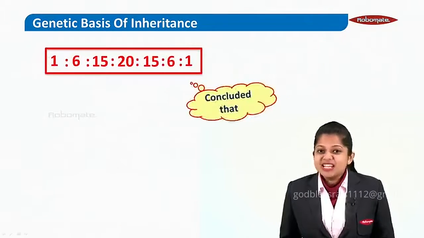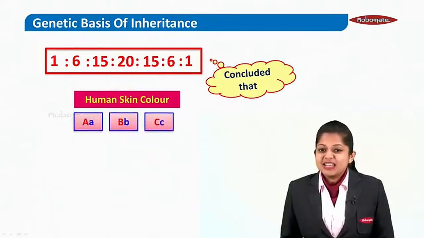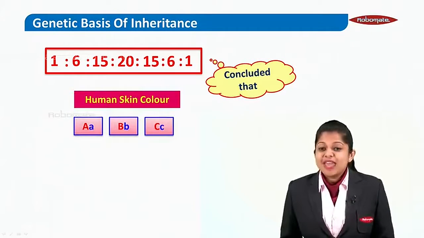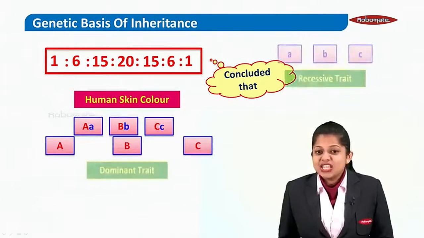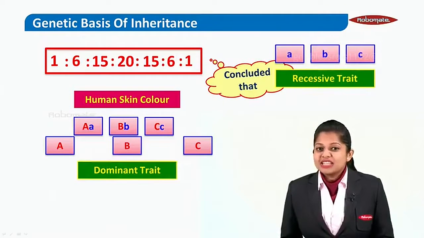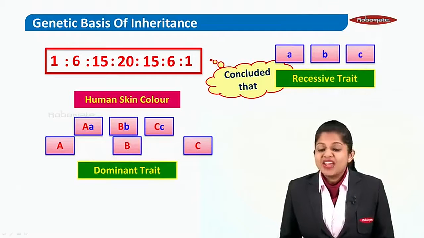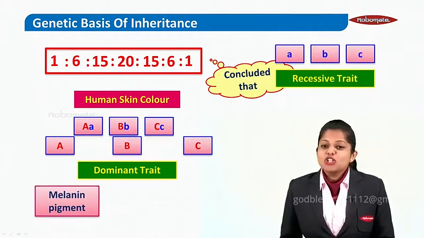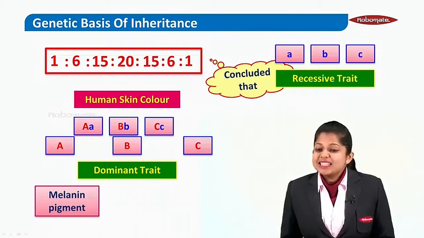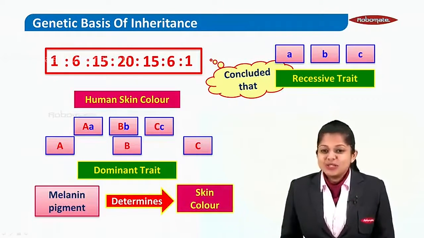Rather, this was the ratio that concluded that human skin color is controlled by 3 pairs of genes, of which the capital alleles that you see here are the dominant traits, whereas the small alleles that you see in blue are the recessive traits. Further students, we also know that melanin is the pigment that determines skin color in humans.